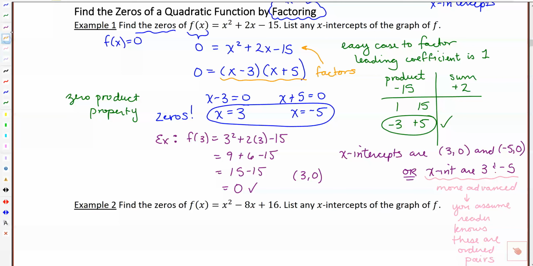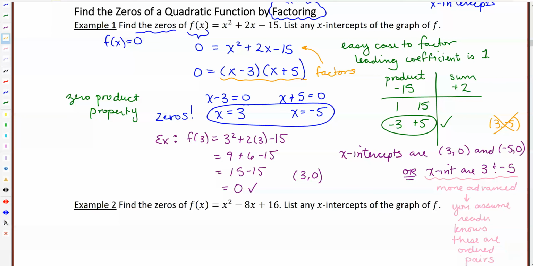Sometimes I've seen students think that this as an ordered pair forms the ordered pair like 3 and -5 or something like that. So when I say the x-intercepts are 3 and -5, more specifically the x-intercepts are the ordered pairs 3, 0 and the ordered pair -5, 0. So that's why I just like sometimes talking about the x-intercepts as ordered pairs and not just giving that one number, because in math it's sometimes not good to assume that your reader understands some of those intricacies in the language.